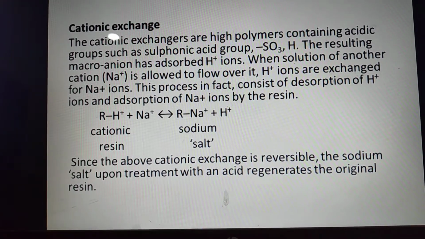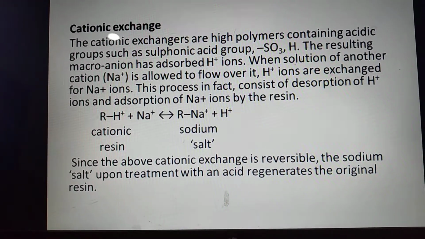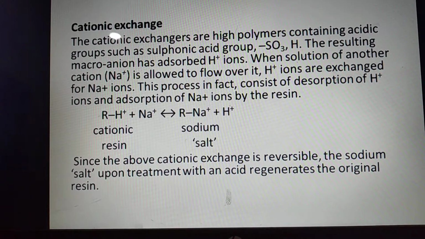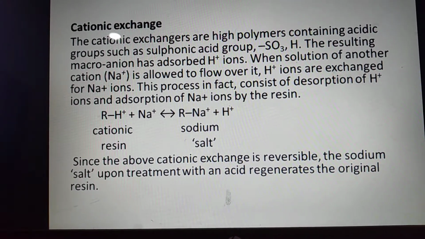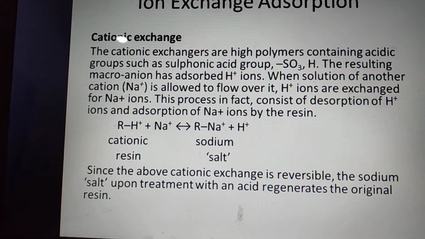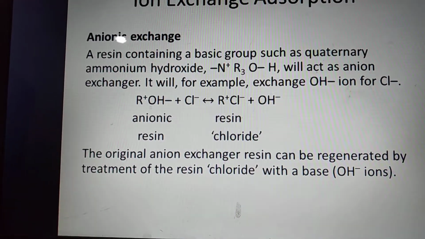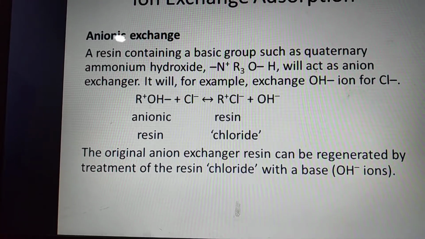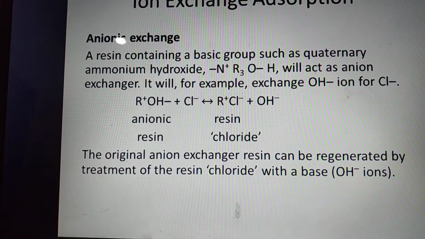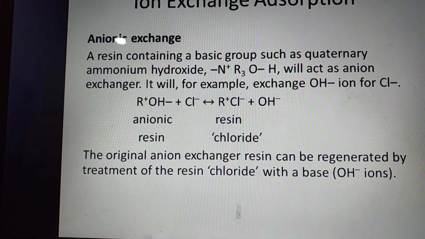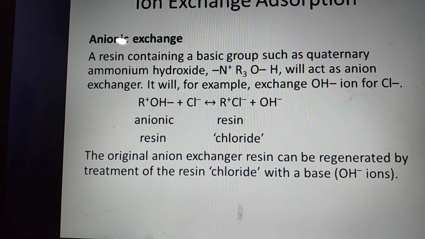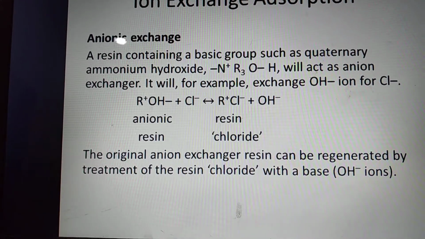Since the above cation exchange is a reversible process, the sodium salt upon treatment with acid regenerates the original resin. An anion exchanger, in this case a resin containing a basic group such as quaternary ammonium hydroxide, the R3N+OH group, will act as an anion exchanger.